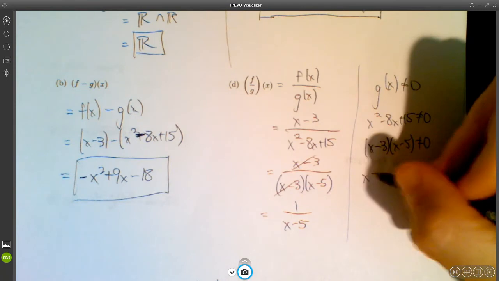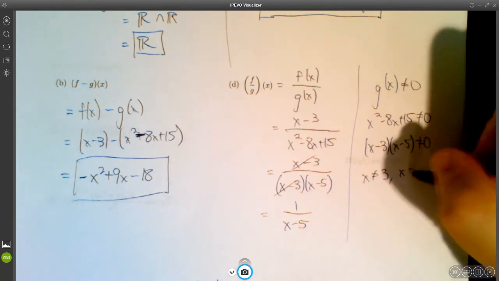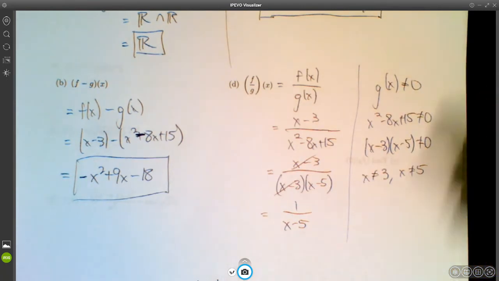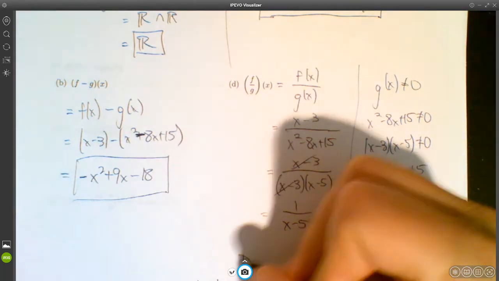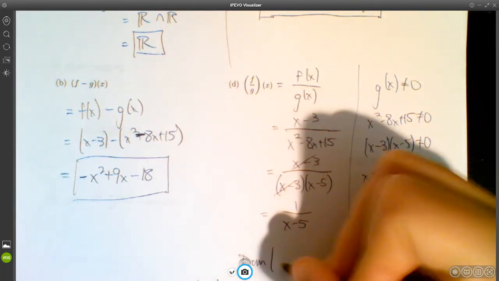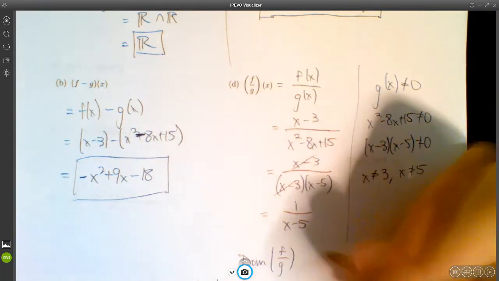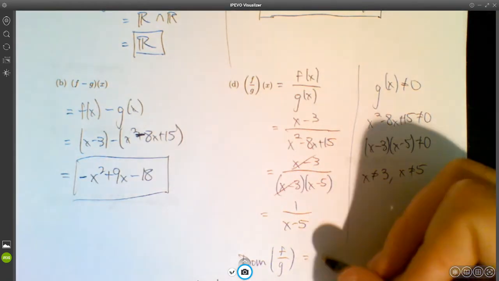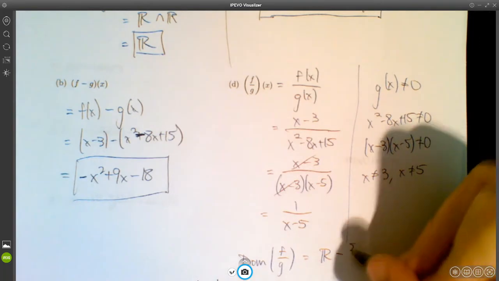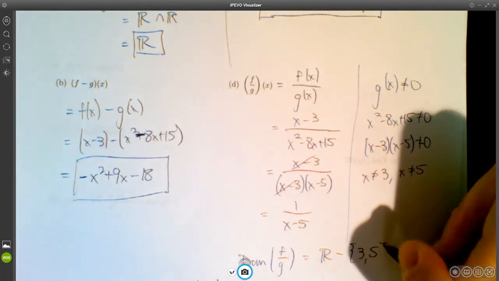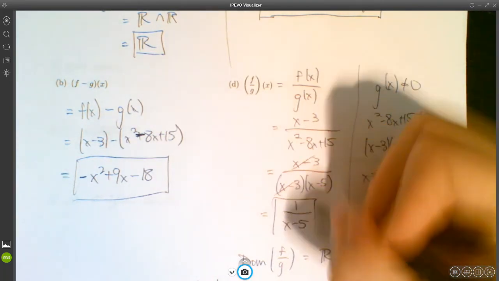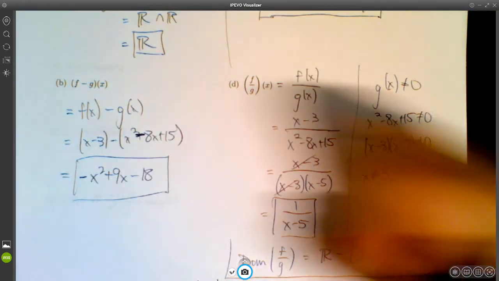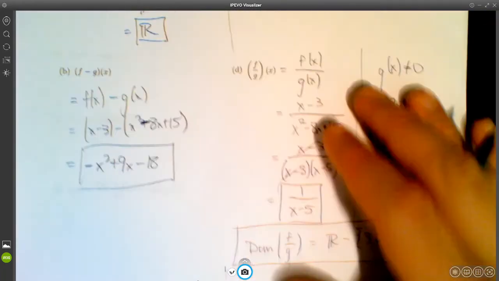And that means x can't be 3 and x can't be 5. So really the domain of f over g is going to be all reals except for 3 and 5. Right, so there's f over g, and here's the domain of f over g. Okay?